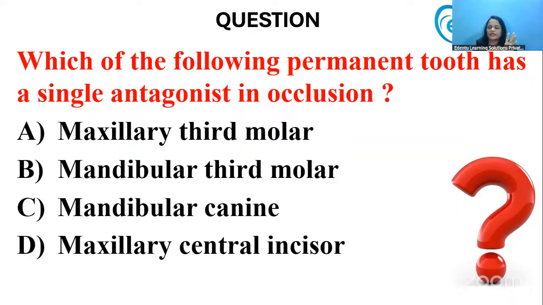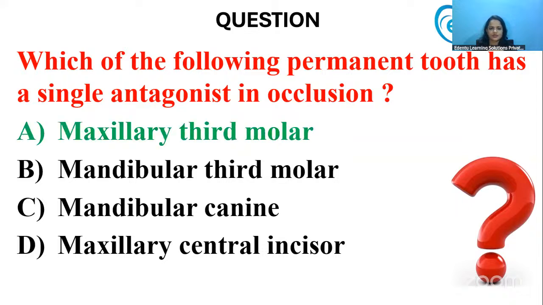But there are only two teeth which have only a single antagonist. That is, they will contact only one tooth in the opposing arch. So, which are those teeth? Any idea? Yes, Dr. Renisha.